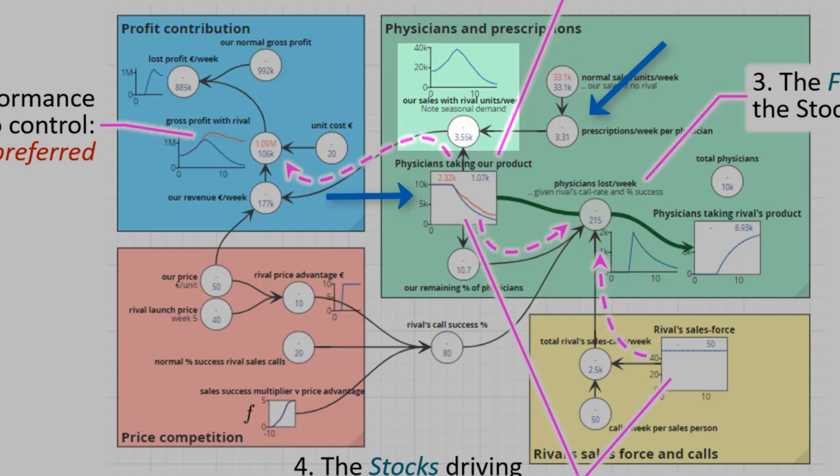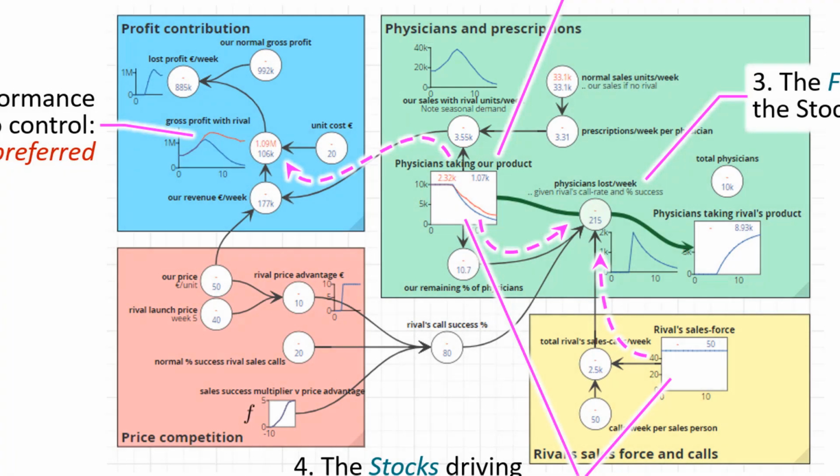That's the prescription rate that the physicians usually make. It's a well-established, mature product. We know what the prescription rate is. So we do that on the whiteboard. You can very quickly put this straight into software because the person you're working with immediately understands what you're doing and can engage with the model.